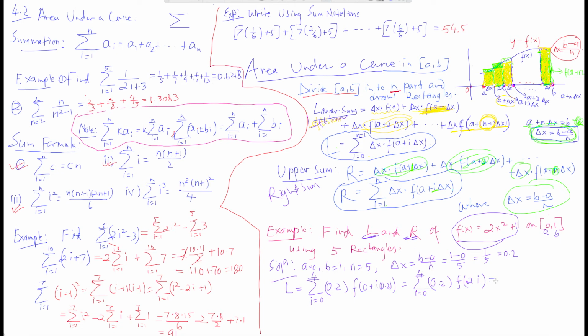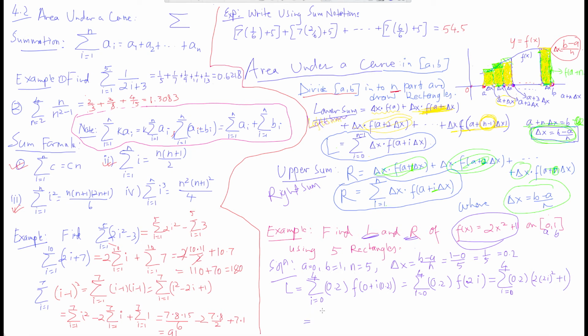So how do I write that? Summation, i runs from 0 to 4, and then I would write 0.2 times 2x squared plus 1, where x is 0.2i, right? So 2 times (0.2i) squared plus 1. You see that? So how do I write that one then?